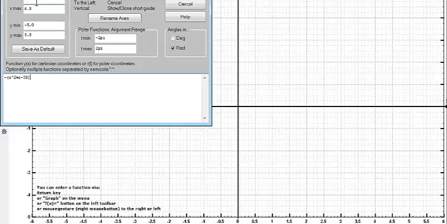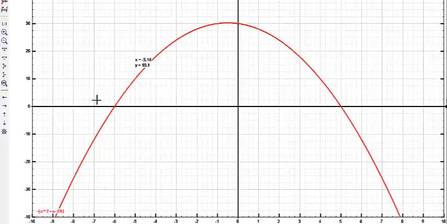We'll have a y minimum of negative 40, y maximum of 40, and x minimum of negative 10, and an x max of positive 10. We'll graph that baby. So there it is.